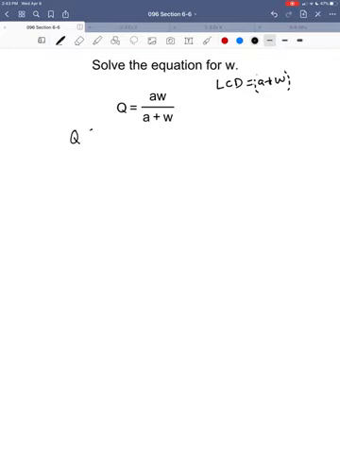So I can say Q times A plus W, and then here I can get this fraction, and then I can multiply by the A plus W, and if I want, I can think of that as being over 1.